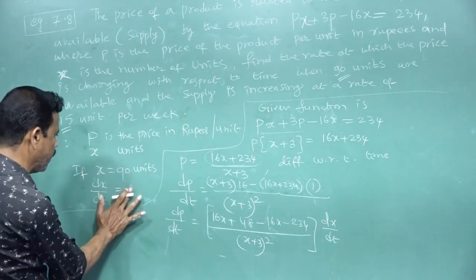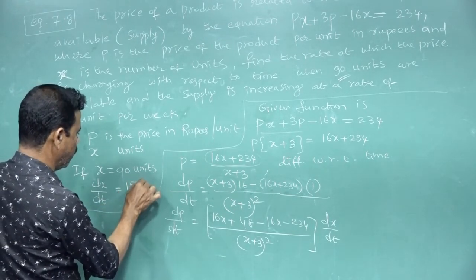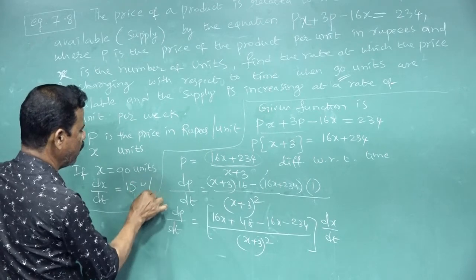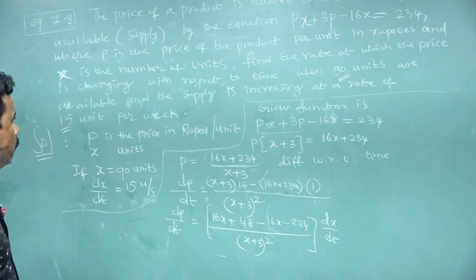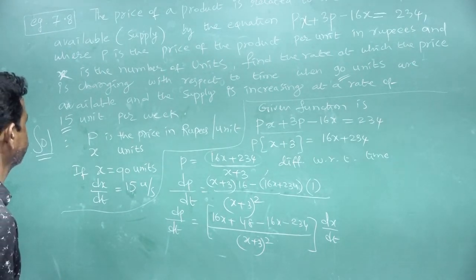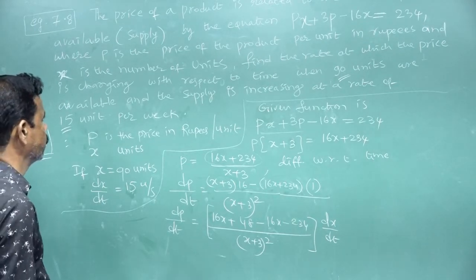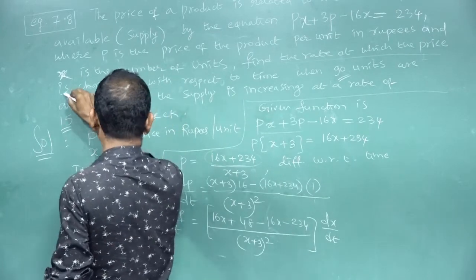Now dx by dt is given. dx by dt is 15 units per second. So the price rate asked, dp by dt, how much?